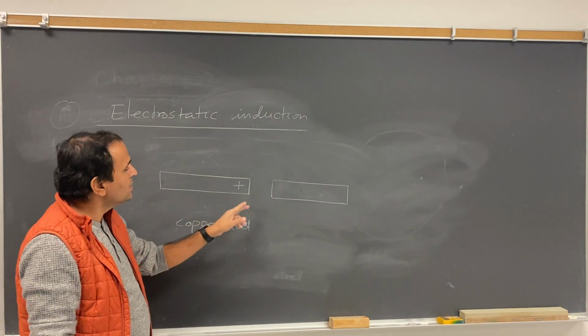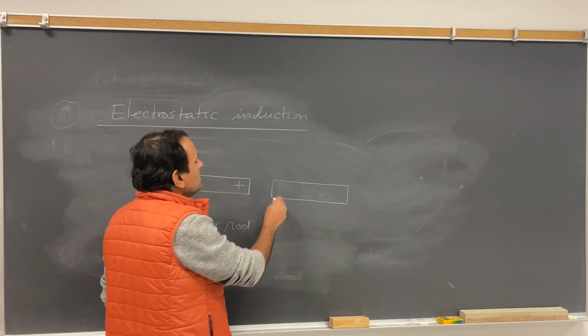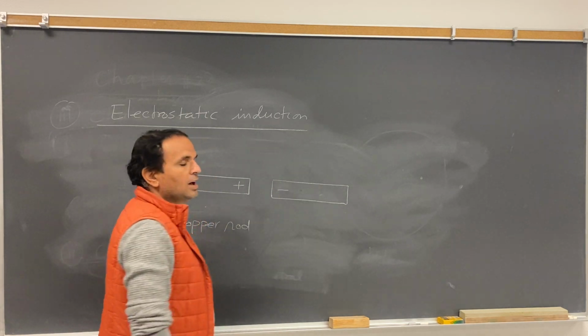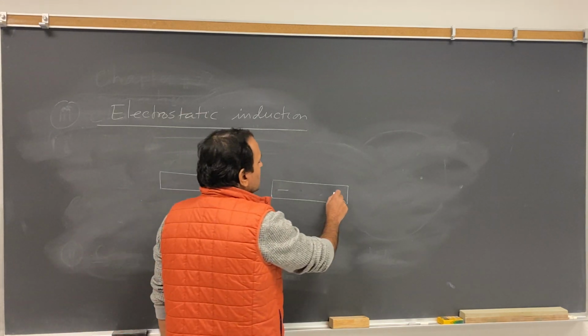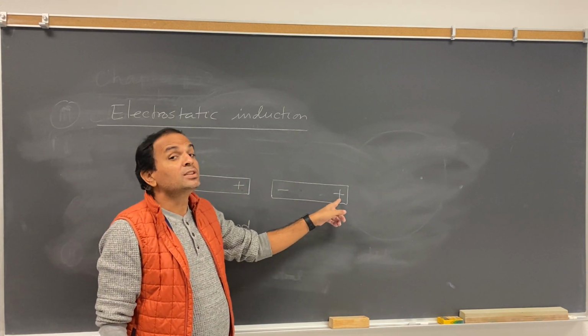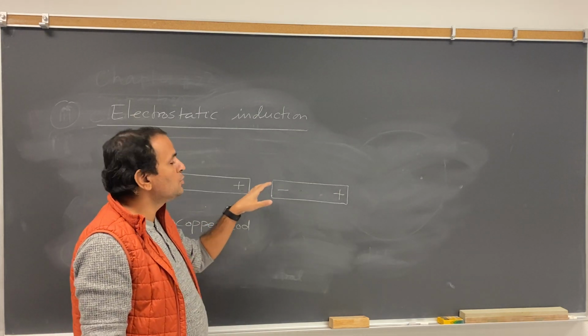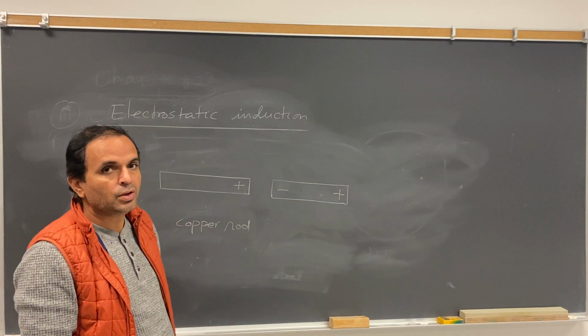Now what happens is the end which is close to the positively charged rod becomes negatively charged, and the end which is far from this positive charge becomes positively charged. So you produce charge here without touching.